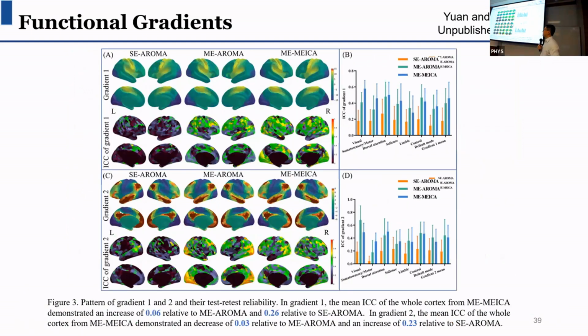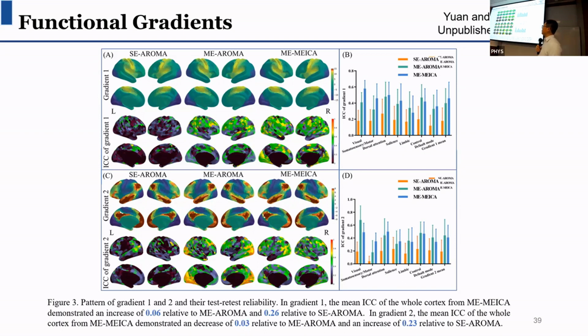So mostly each of these things is the functional gradients, which Hanson is also very interested in. So we also ran some public code to analyze our data. Then you get this gradient 1, this is gradient 2. You get this single echo result, and you can get this multi-echo result.